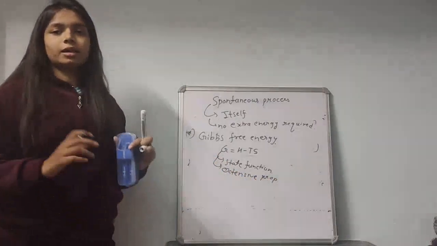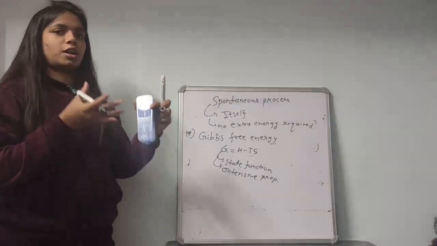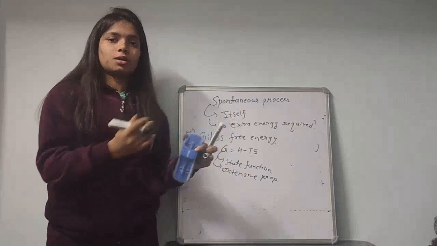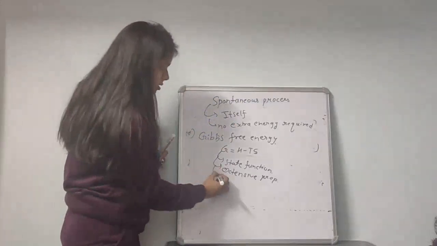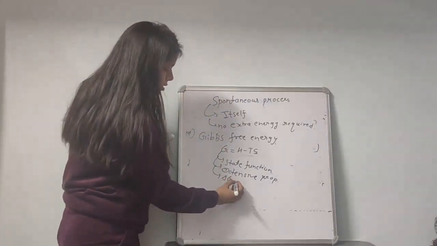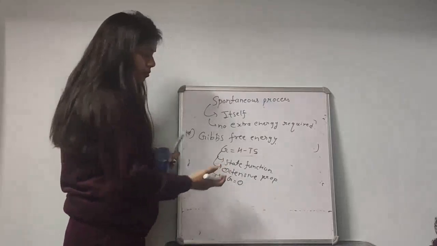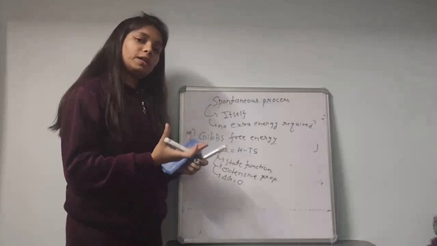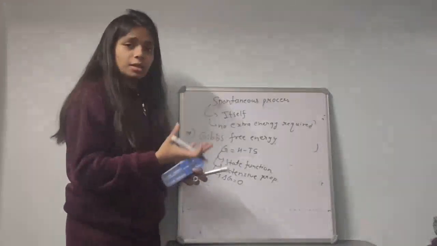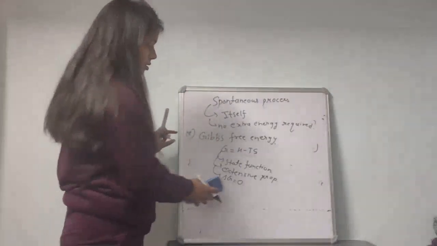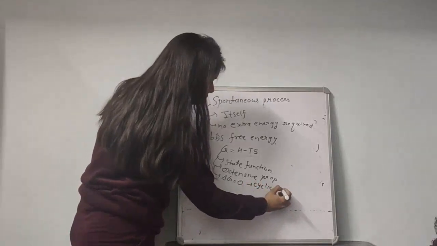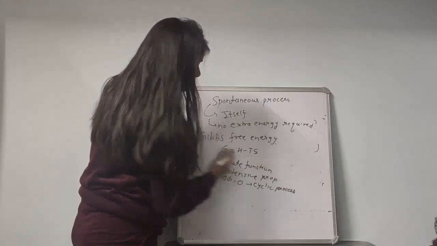When we take a cyclic process, meaning the reaction starts from somewhere and comes back to the same place, delta G is 0 because it's a state function. The initial and final states are the same, so that's why it is 0 in a cyclic process.